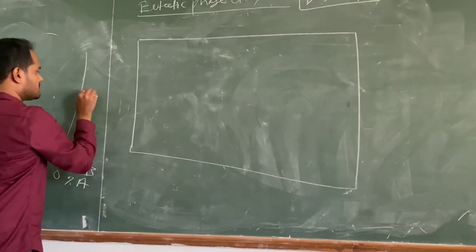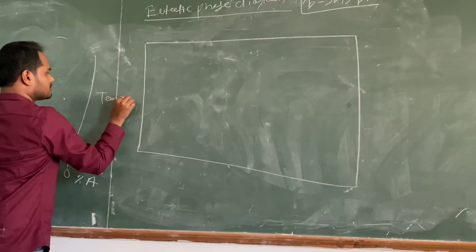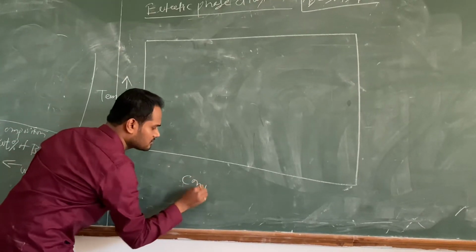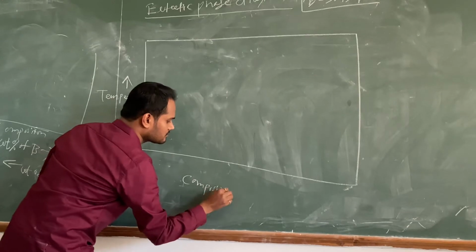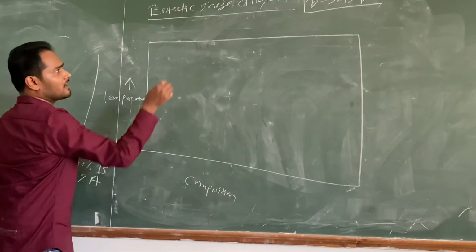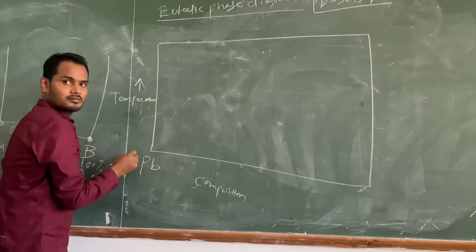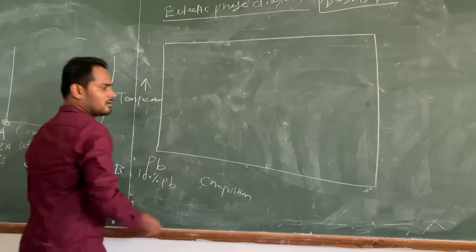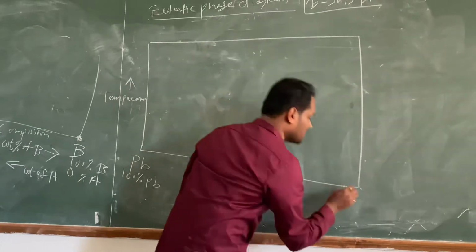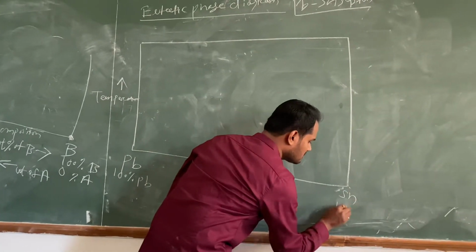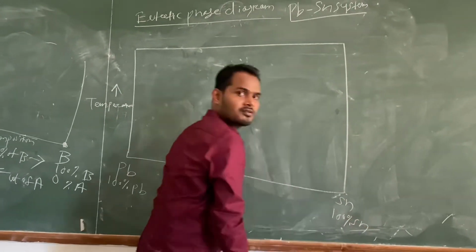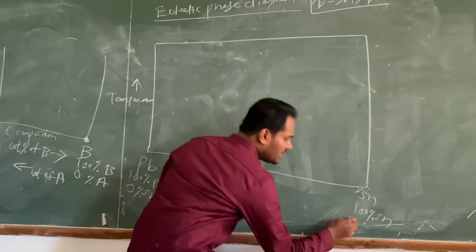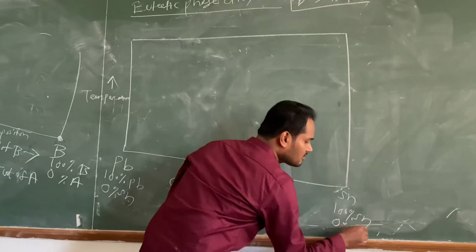I can write temperature here, and here I can write composition. In this end I will take lead, so this is 100% lead. In this extreme I will take tin, so it is 100% tin. Here I can write 0% tin, and here 0% lead.